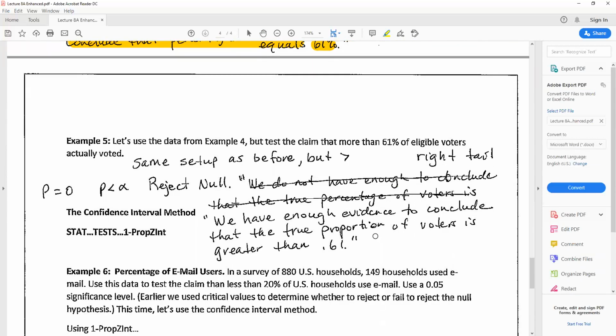Example 5. Let's use the data from example 4, but test the claim that more than 61% of eligible voters actually voted. This would actually be the same setup as before, except this time, since it's a right-tailed test, we would have to employ the greater than symbol.